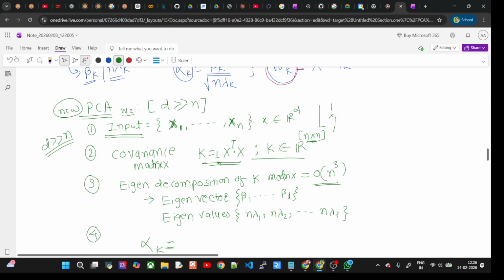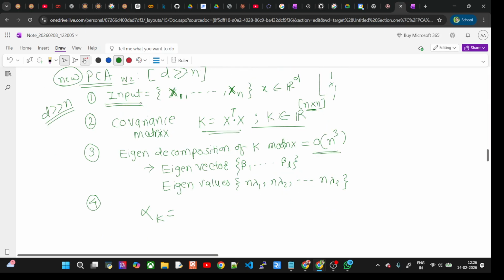Okay, so now we know that alpha k is equal to whatever the beta k you are getting, the eigenvectors. Maybe I'll write here beta k. Alpha k is beta k divided by under root of n lambda k.